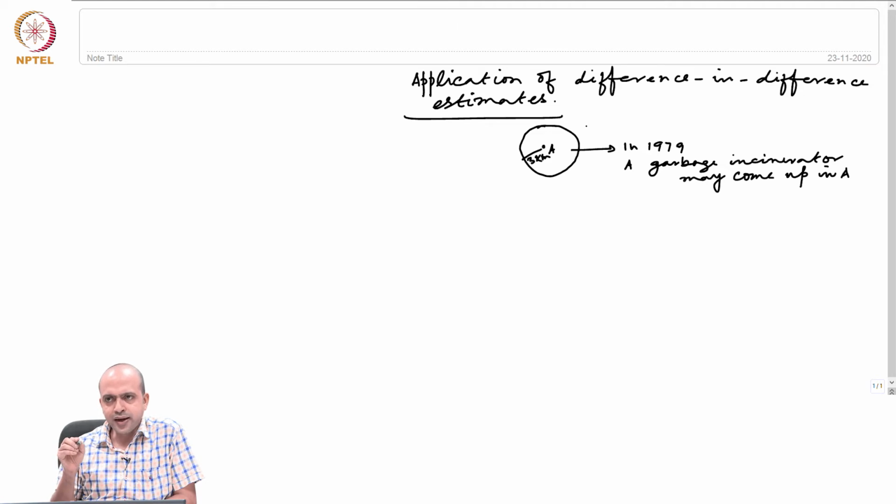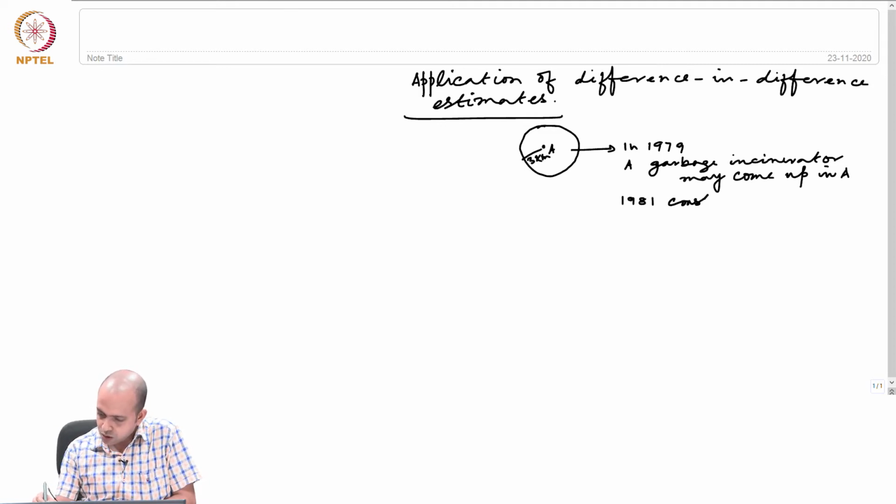And in 1981, the construction of the incinerator started.